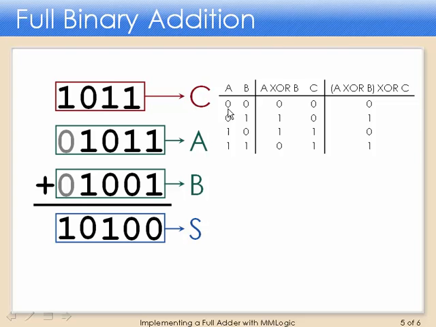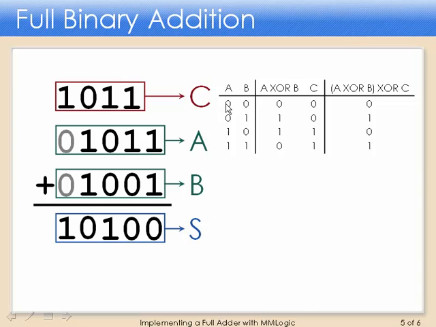And one of the things you should notice is that now these two columns are contributing to the A XOR B answer. And then I'm going to use these two, A XOR B and C, to determine the answer of A XOR B XOR C. And what that's essentially doing is saying that I'm going to take the sum of these two digits here and then add it to the digit above. Okay? And then that will give me my result that goes down here in the bottom row.